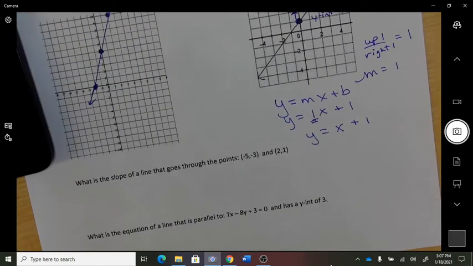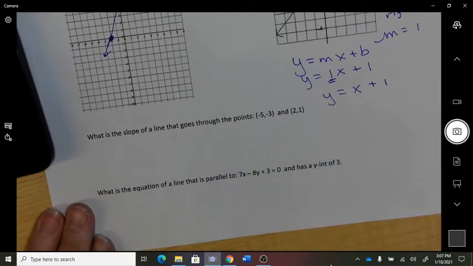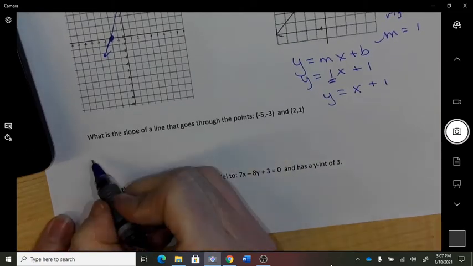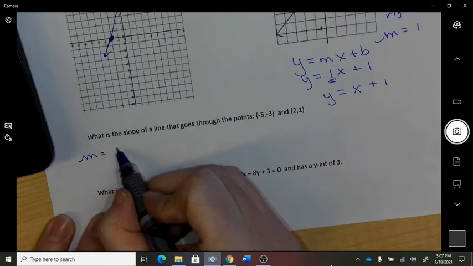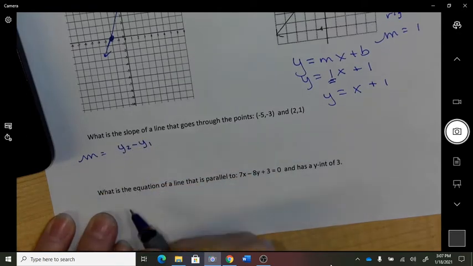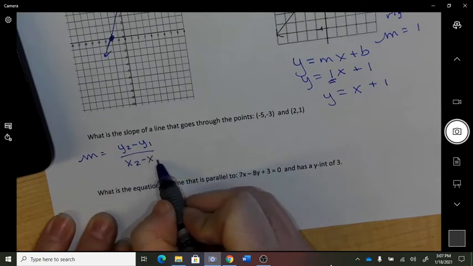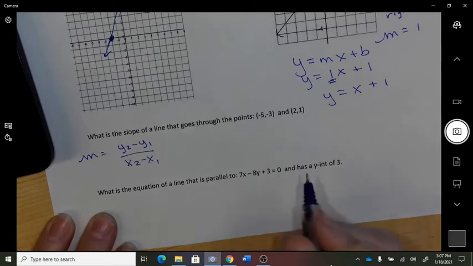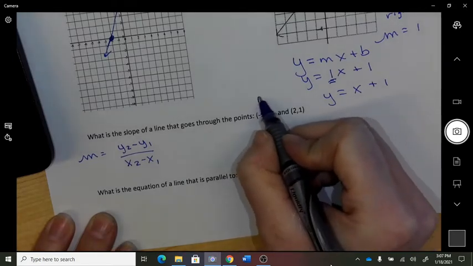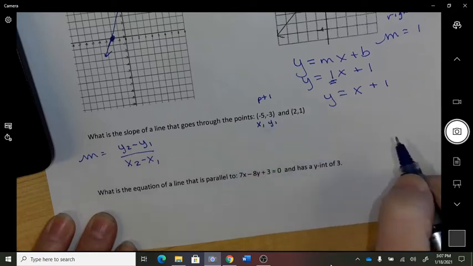Okay, what is the slope of this line that goes through these 2 points? So on your formula sheet for your exam, you would see slope is the rise, which is the difference of your heights, that's how much you rise, over the run, which is the differences in your x. So if I'm going to call this point 1, this is x1 and y1.